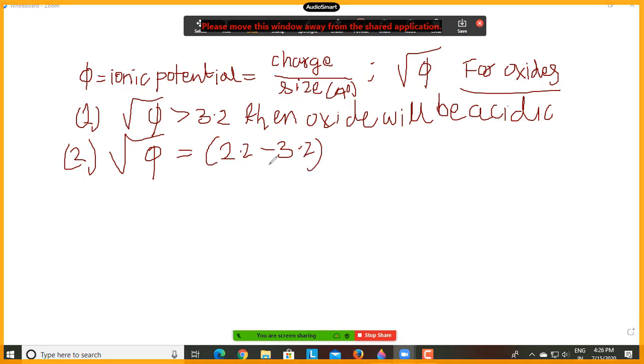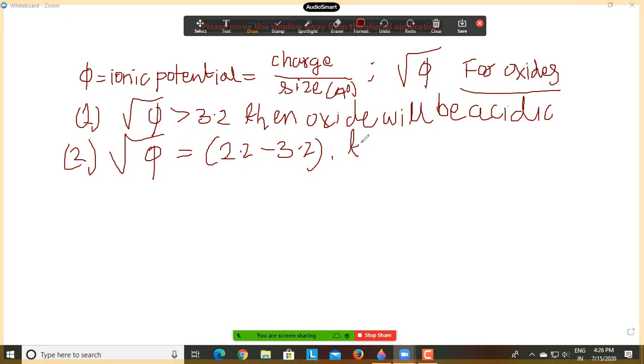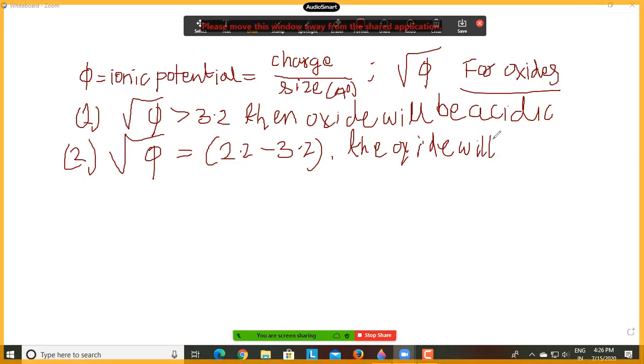If it is coming in between these two, then you say the oxide will be amphoteric.